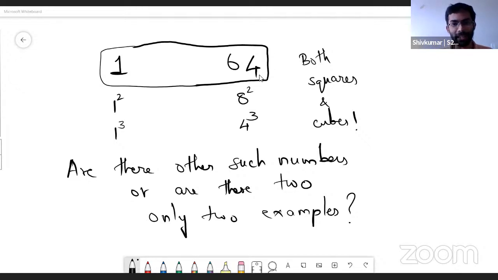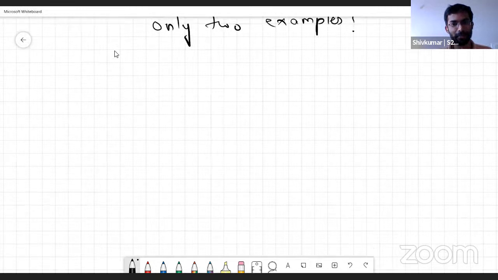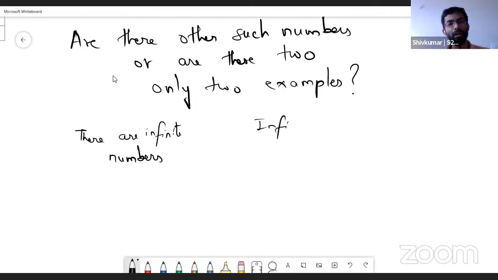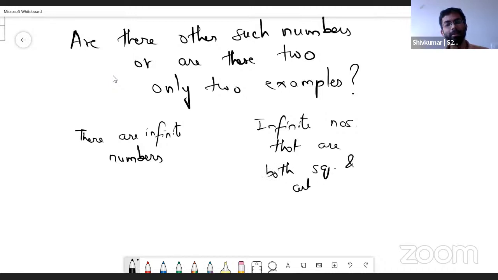Let me just write this reason. So one reason is there are infinite numbers, and so there are infinite numbers that are both squares and cubes.